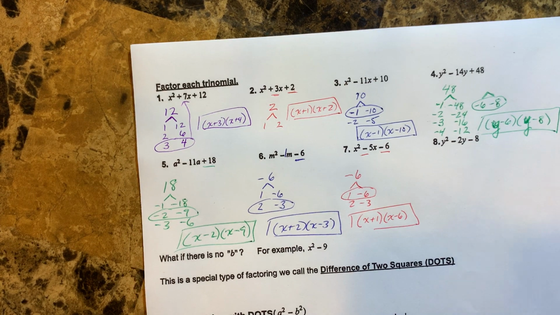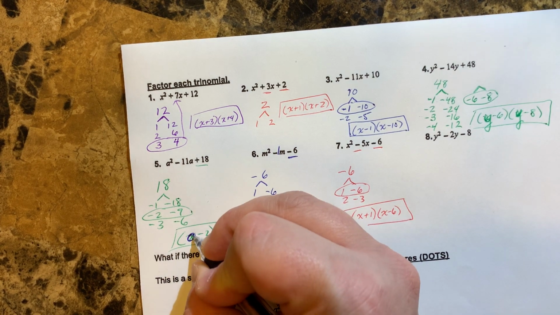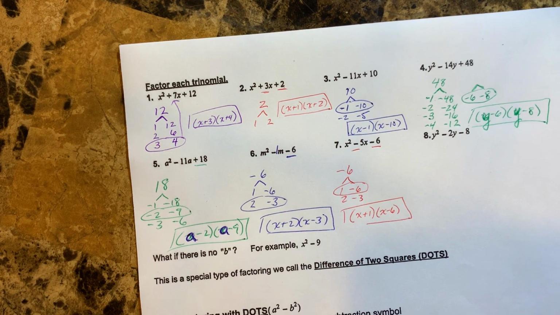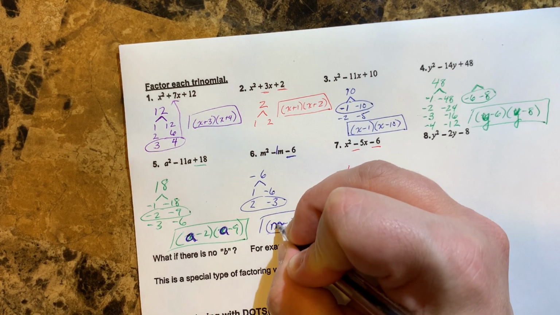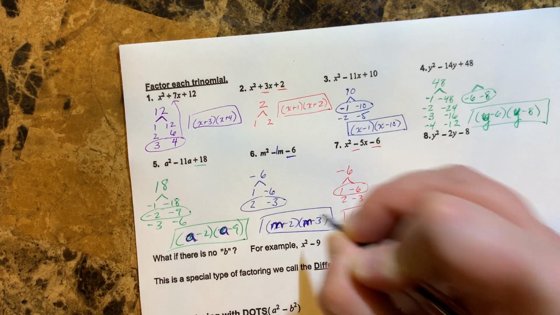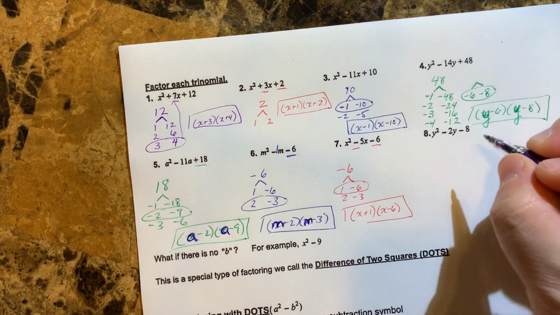And in question 5, they used the variable a. I just got on a roll using x's, so I'll use an a for those two. Okay, and then the m should have been used for question 6. Then it went back to x for question 7. So sorry about that. You have to use the variable that's in the problem. Okay, bad for me to do that.